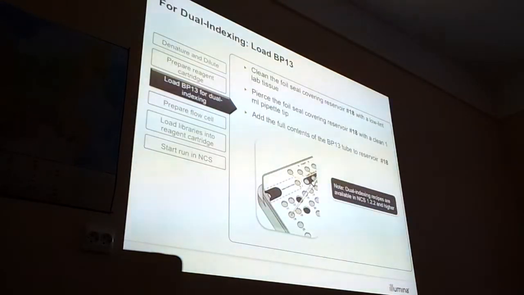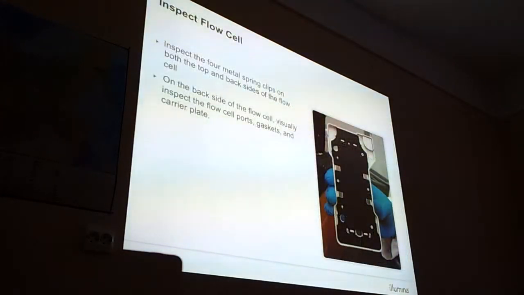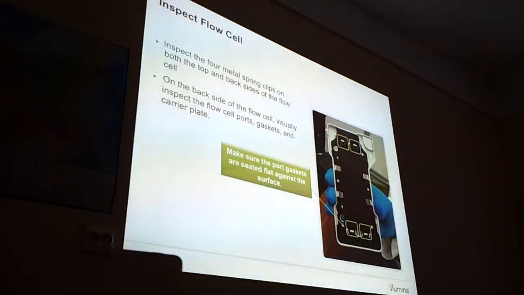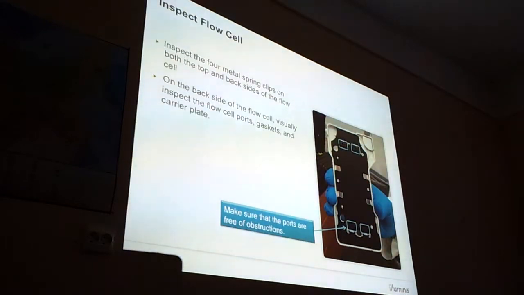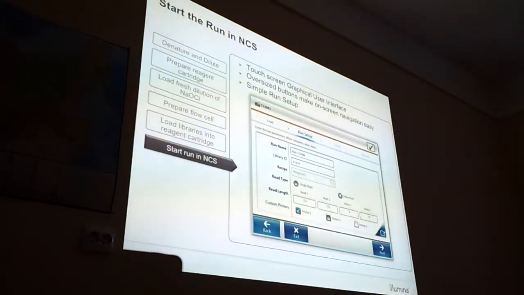So the wash, the index, the reagent cartridge, gaskets, ports, and then you start it directly here. So this is if you do standalone, because this information, paired and read length, if you use BaseSpace, is already done with the prep. So this is the other way.